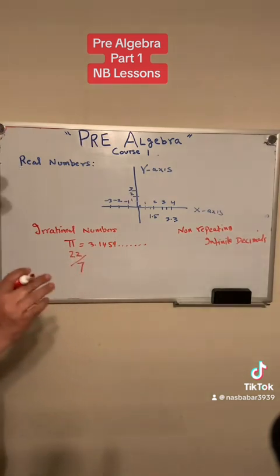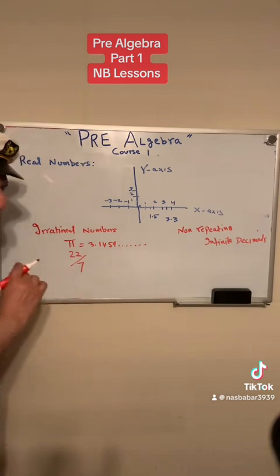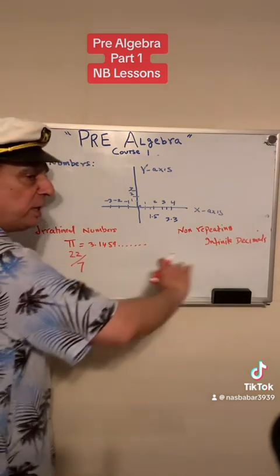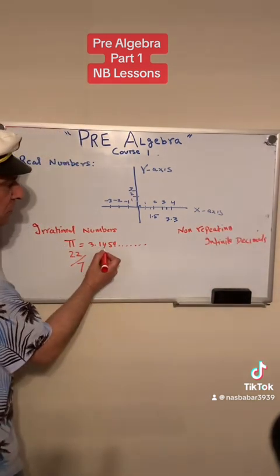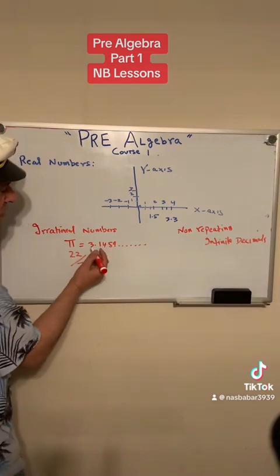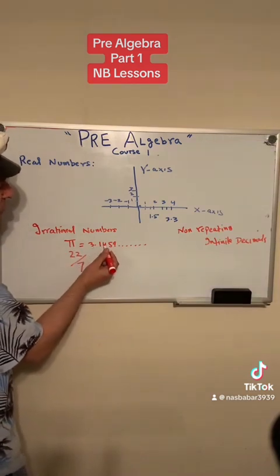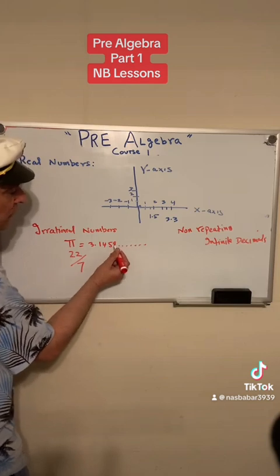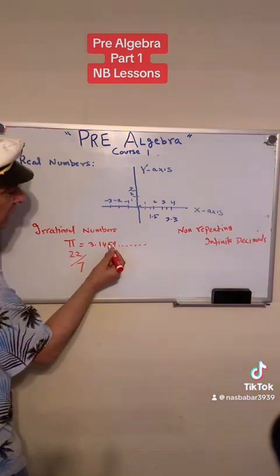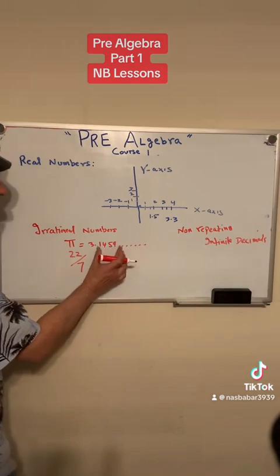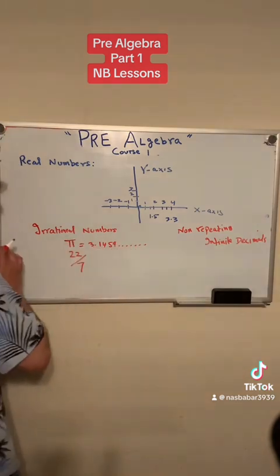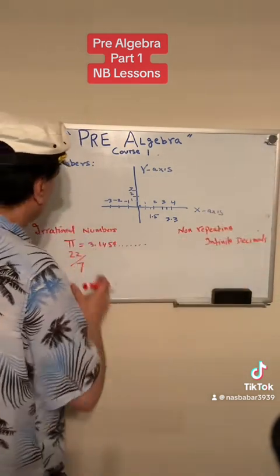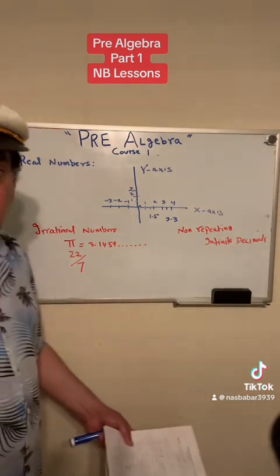However, if you put this in your calculator, you will see a never-ending number. And those numbers don't repeat. There is not a pattern. You see right here, 3.1459. There is no 1459 again, or numbers like 9 or 5 or anything like that. So non-repetitive numbers, infinite decimals, those are irrational numbers because they're not normal.